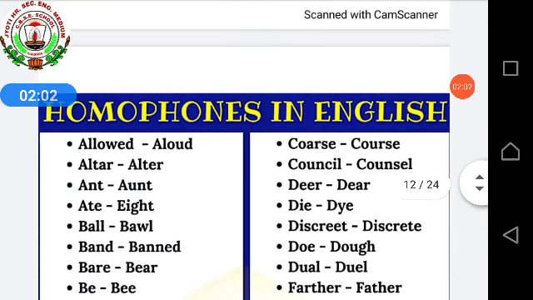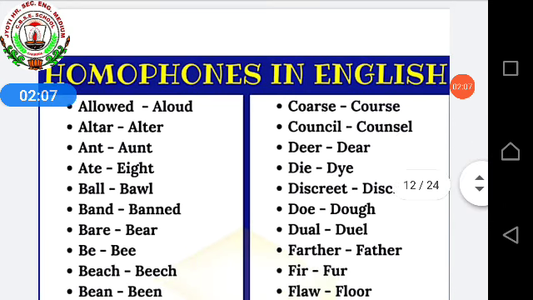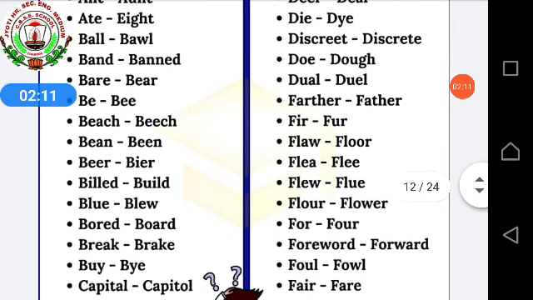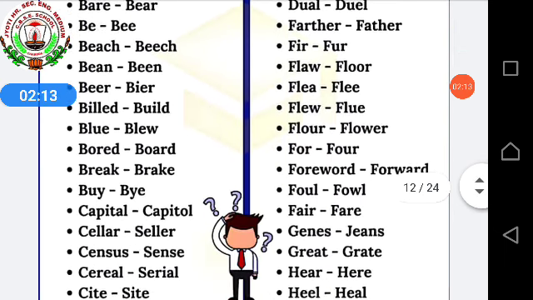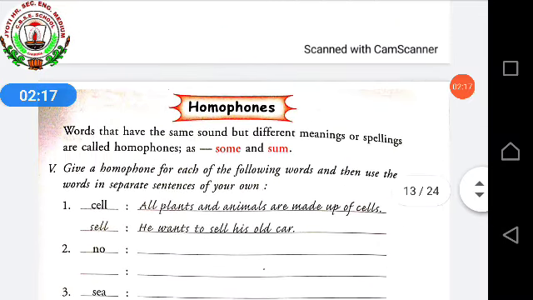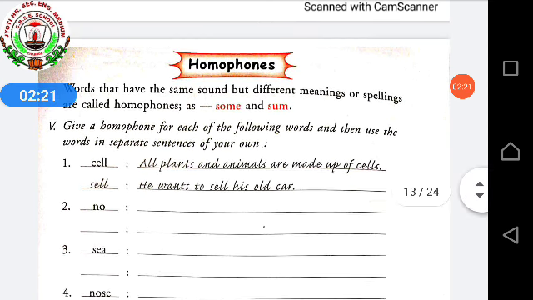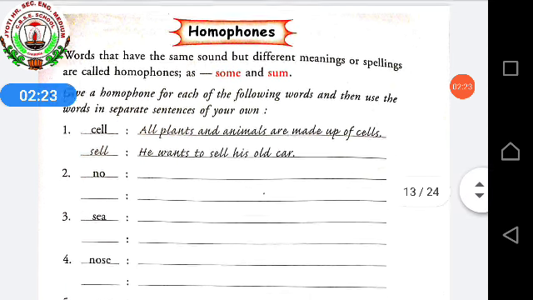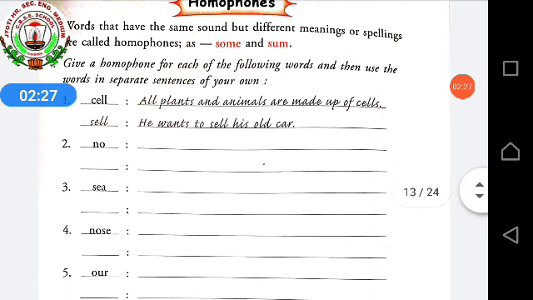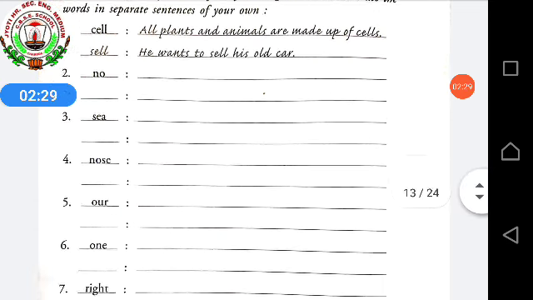I gave lots of examples of homophones in English and told you to search out the meanings. I hope you all have done. Then we completed our book questions, and I asked you to make sentences by yourself.